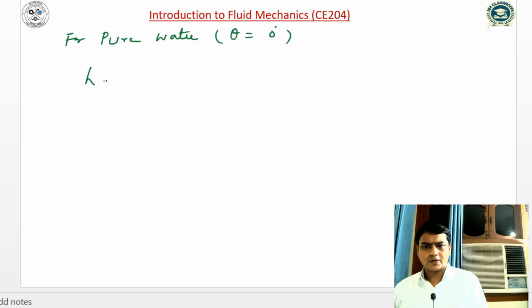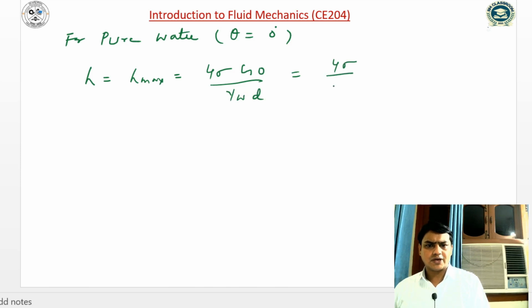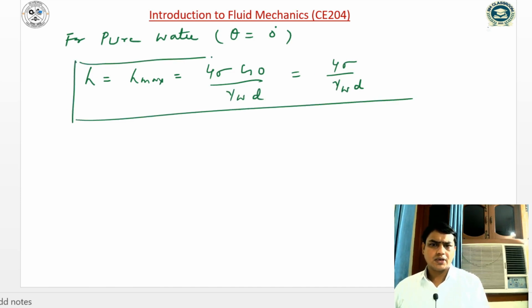So h max is equal to 4 sigma into cos 0 divided by gamma w into d. So we can write 4 sigma divided by gamma w into d. This is the maximum height of capillary rise in case of pure water.